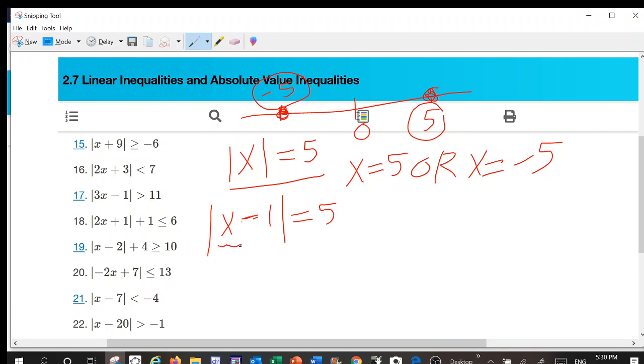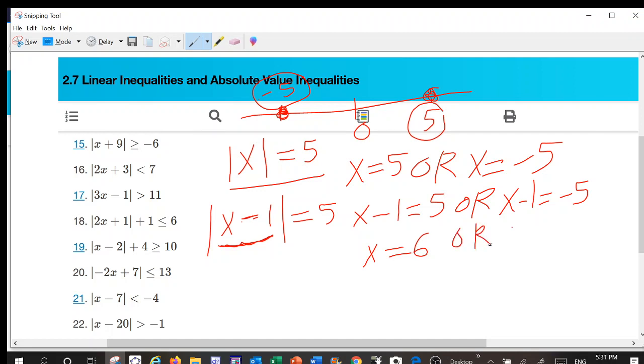Whatever the inside of the absolute value is has to equal 5 or has to equal negative 5. So it means either x is 6 or x is negative 4, because negative 5 plus 1 is negative 4. So that's how we solve absolute value equations.